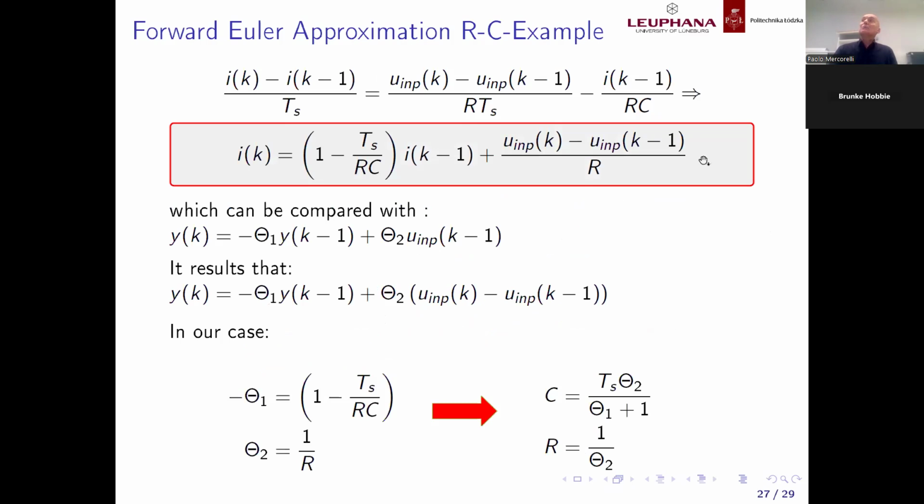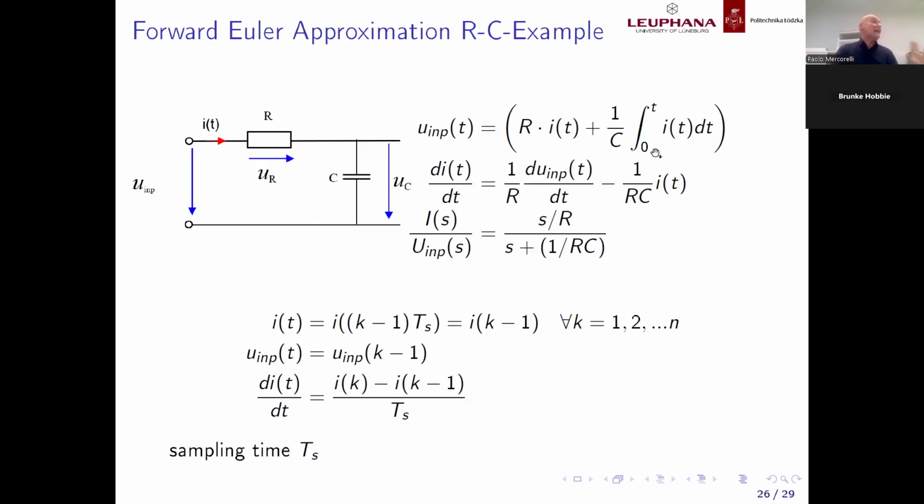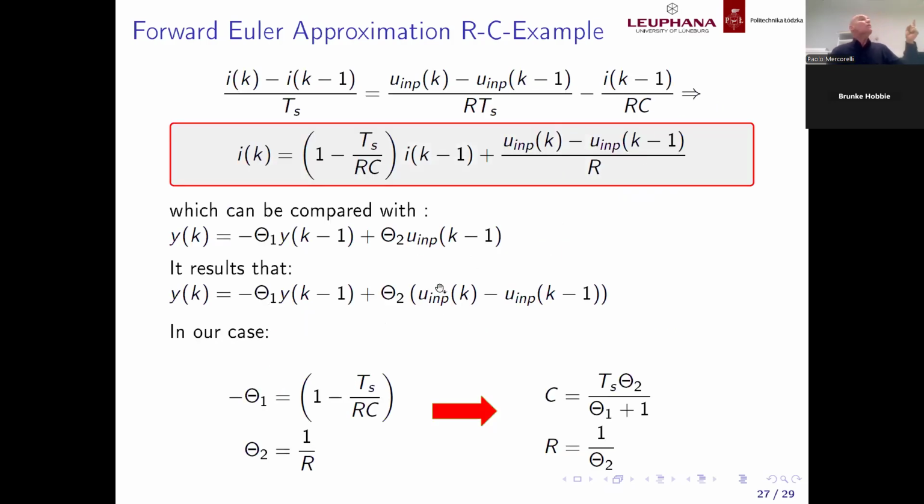We will go in depth next week, but we can see here that nevertheless I need just 2 parameters, because we have to estimate C and R, the parameters to estimate in the CR circuit as before, but I need 1 measure more because I need also U input at K. It is not enough, as before, U input at K minus 1.